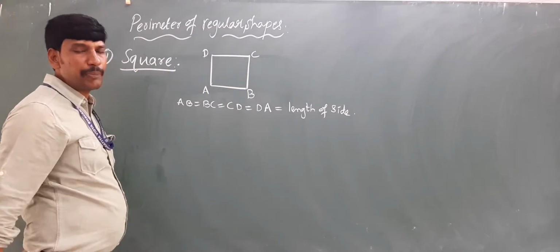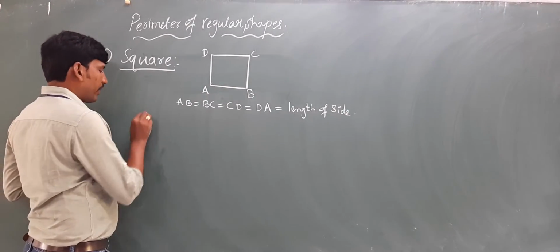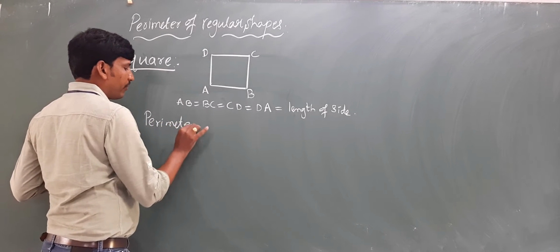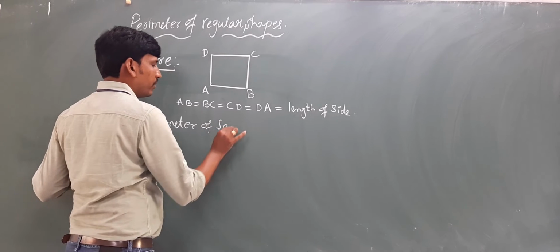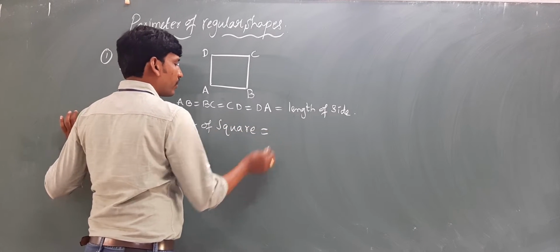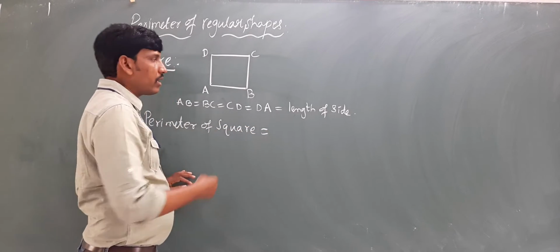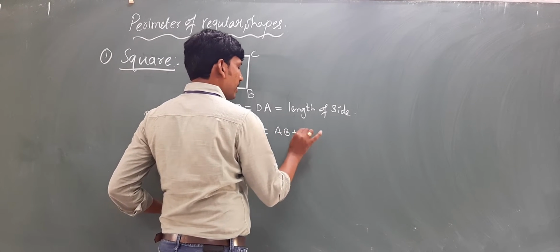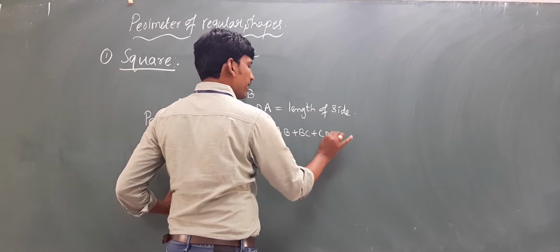Then how to find the perimeter? Generally, the perimeter is the sum of all the sides, that is AB plus BC plus CD plus DA.